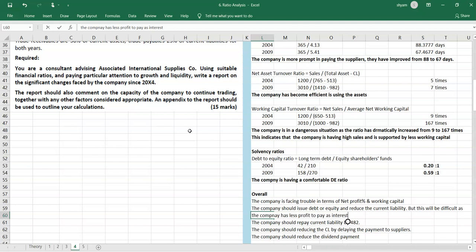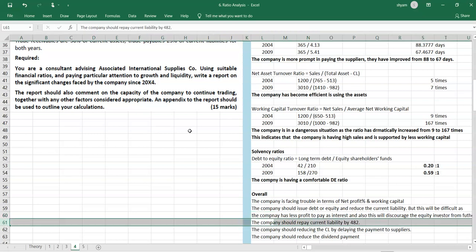So the company has less profit to pay as interest, and also this will discourage the equity investor from further buying the shares. So what should we ultimately do?